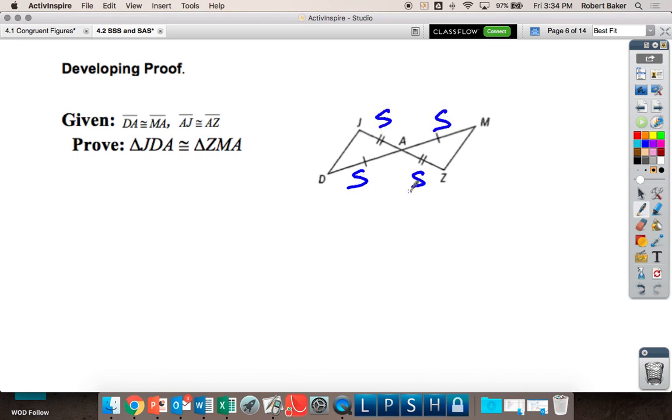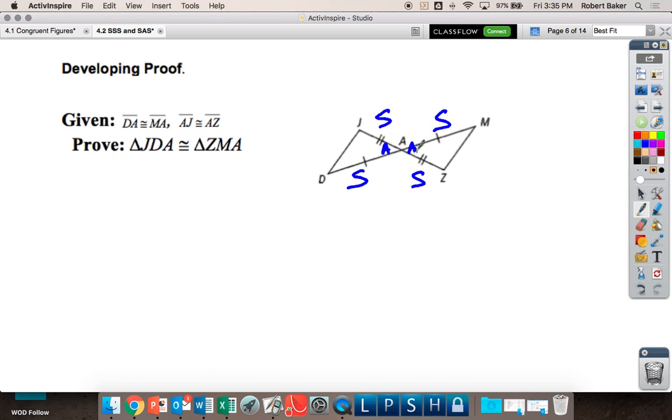Is there anything that I can add to that picture that I see? Yes. I can say that this side and this side are the same? No. Not yet. Well, the angle right there, those are the same. Vertical angle postulate. The vertical angle theorem says those are the same.